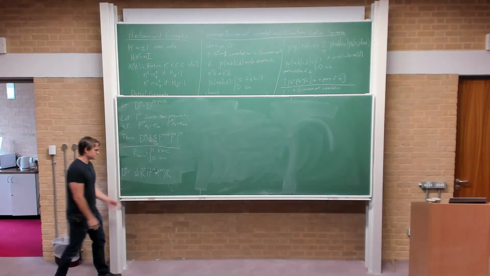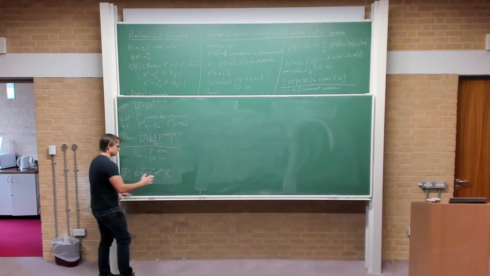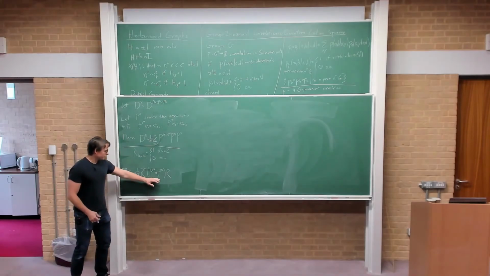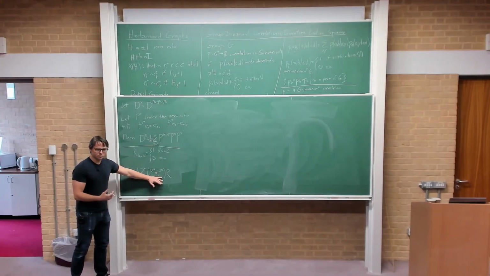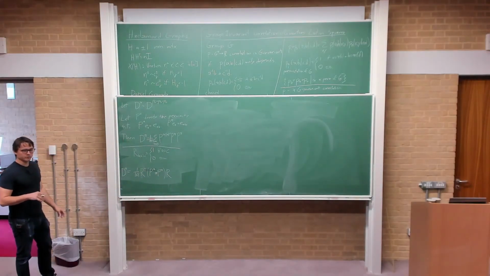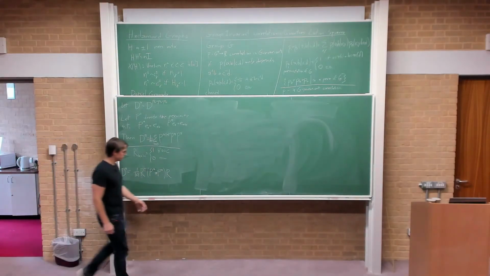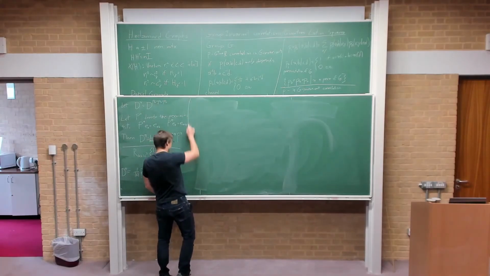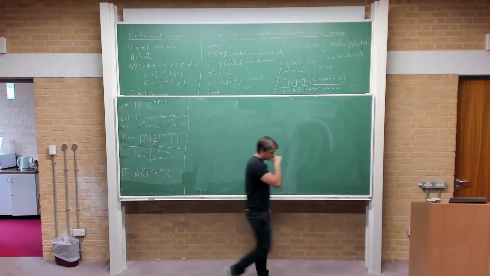So conjugating by this thing is somehow, as I said before, the convex hull of these is the set of all classical correlations, actually. Conjugating by this R is somehow like projecting down to the G-invariant ones. All right, so that's classical stuff.